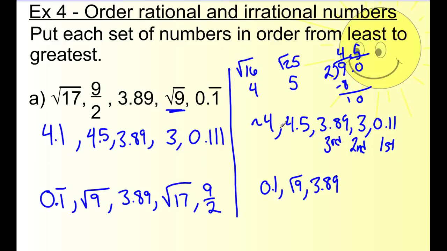And then between about 4 and 4.5, the about 4 would be smaller. So the square root of 17, and finally the 4.5, which was 9 over 2. So we can get the same answer with or without a calculator. Obviously, with a calculator is easier, but it's not undoable without a calculator.